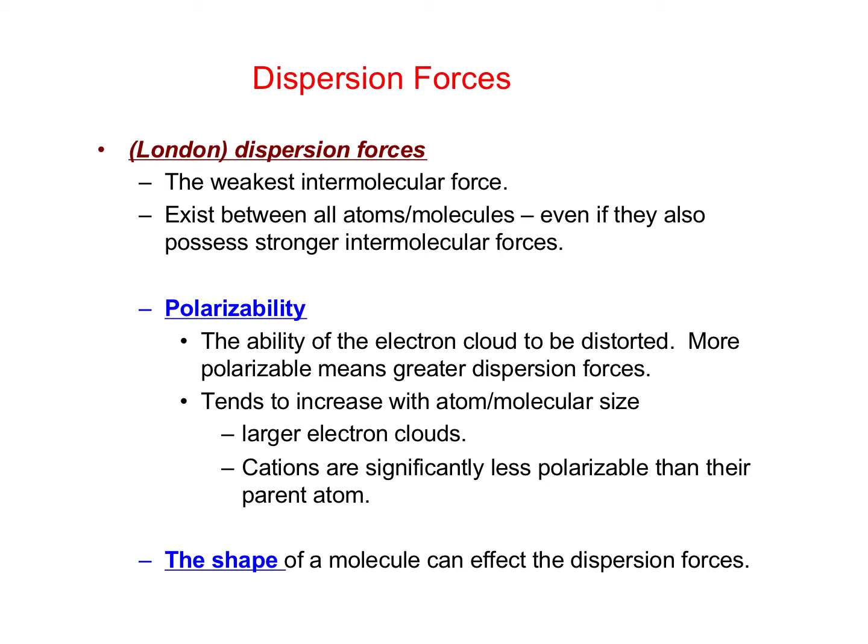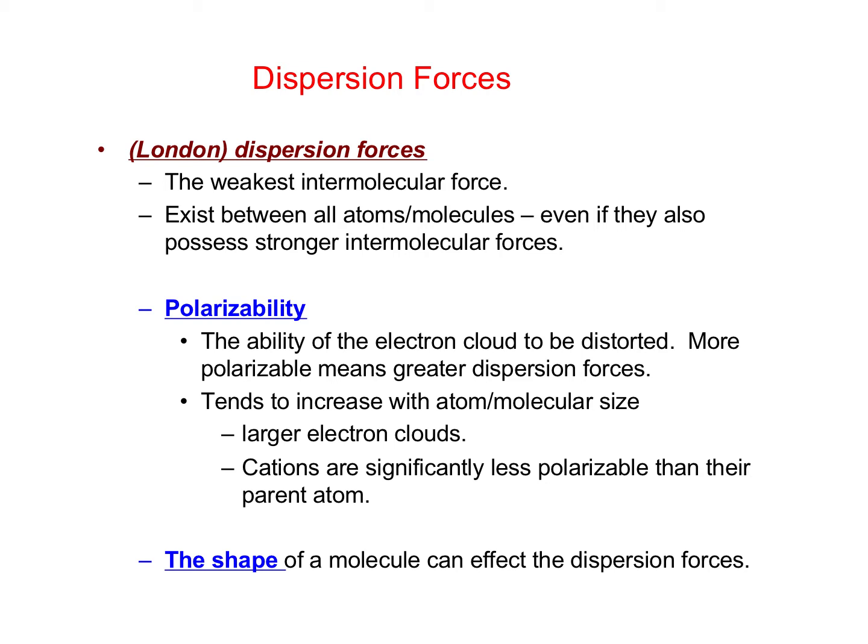Now, the term polarizability is related to dispersion forces. Polarizability refers to the ability of an electron cloud to be distorted. The more polarizable a molecule is, the greater its dispersion forces will be. The factors that tend to impact polarizability are atomic and molecular size.